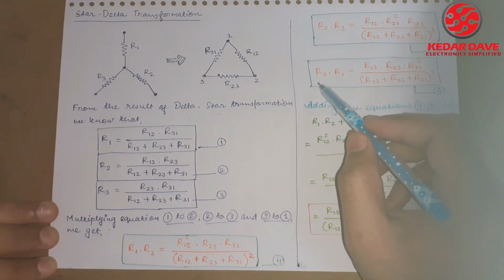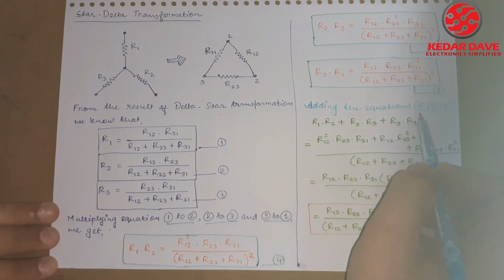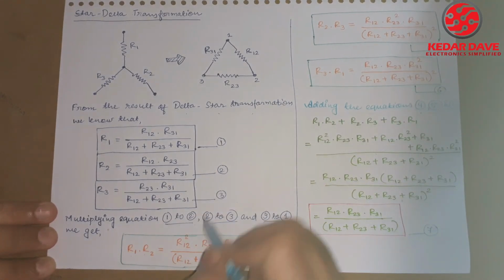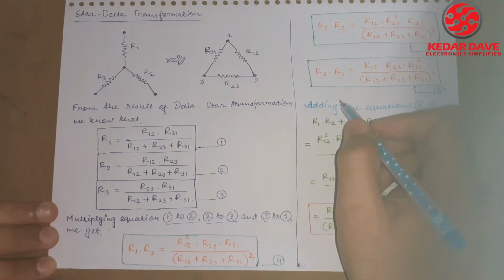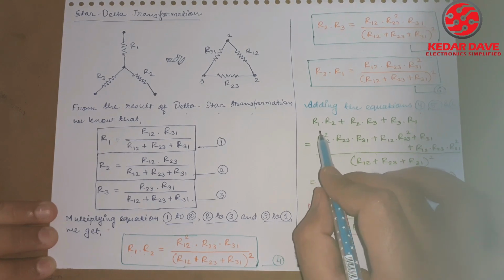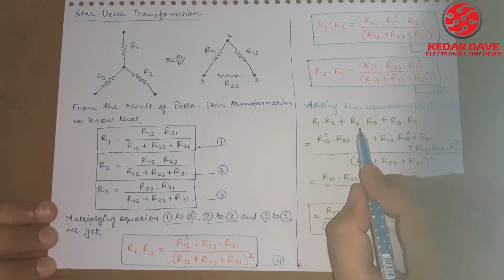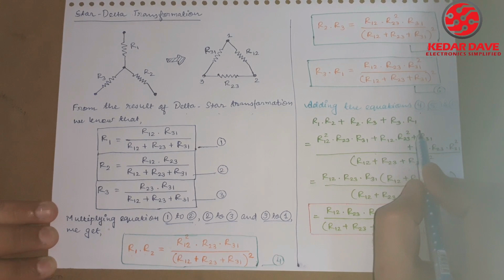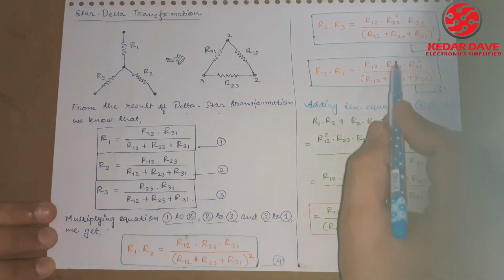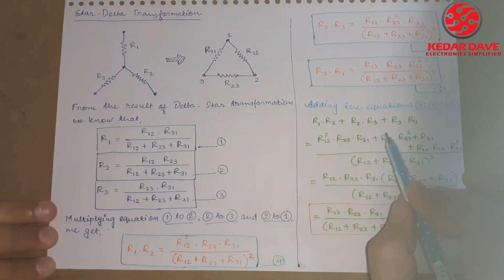Now what we are doing is adding the equations that we are getting over here. We are adding all three equations. So as you can see, R1 into R2 plus R2 into R3 plus R3 into R1. All of you can add up these values, and you can see that the denominator terms are the same in all three equations.